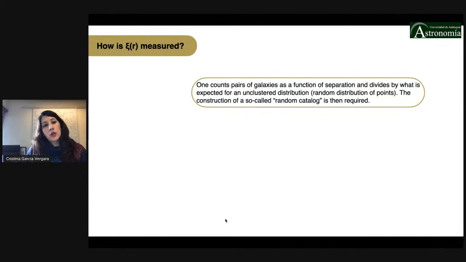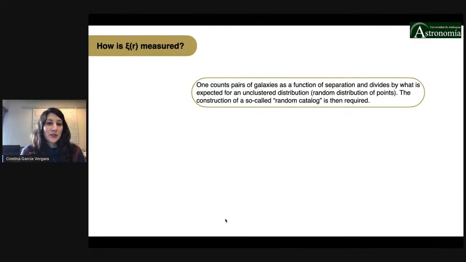Okay, then how can we measure the two-point correlation function? Given that the correlation function is a measurement of how grouped the galaxies are compared with a random distribution, that is exactly the way in which we can measure it.